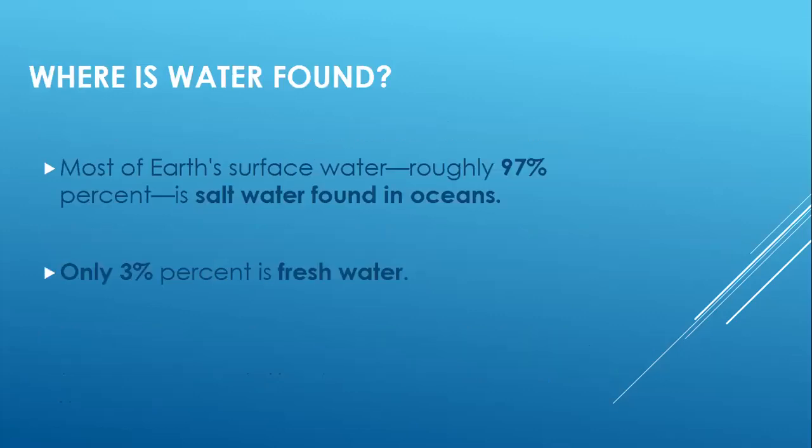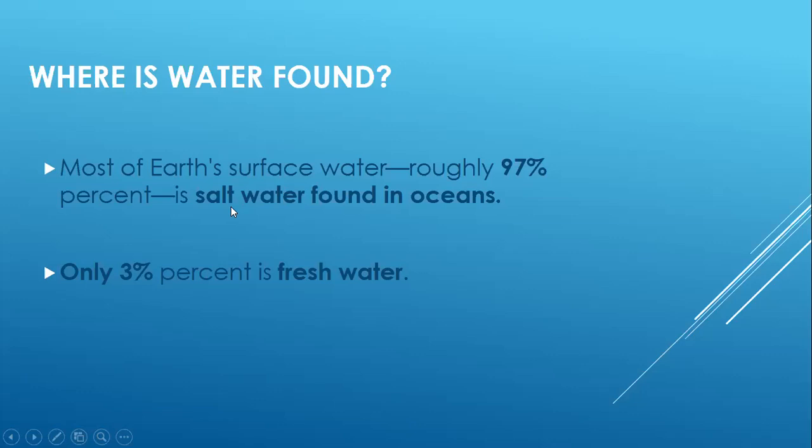Where is water found? That's our second question for the first part. You have to concentrate more on this part because it gives you the overall idea about the water. If we call all the water in the world 100%, roughly 97% of this water is salt water found in oceans and salt lakes.